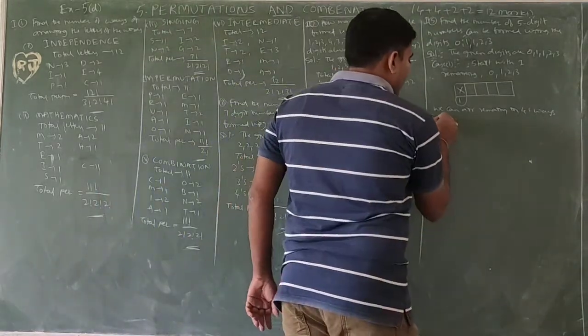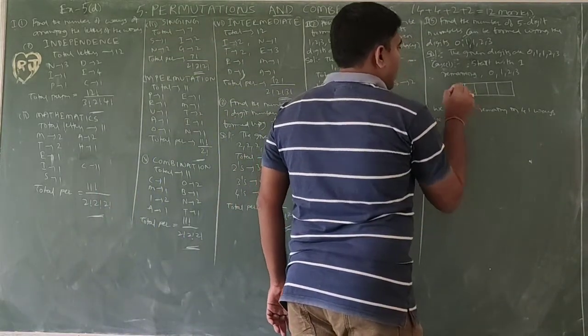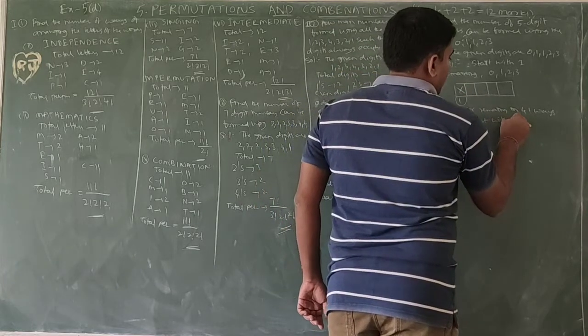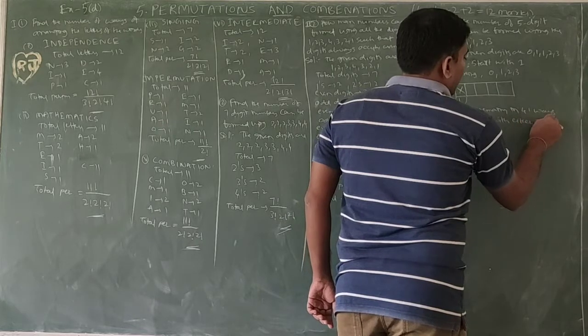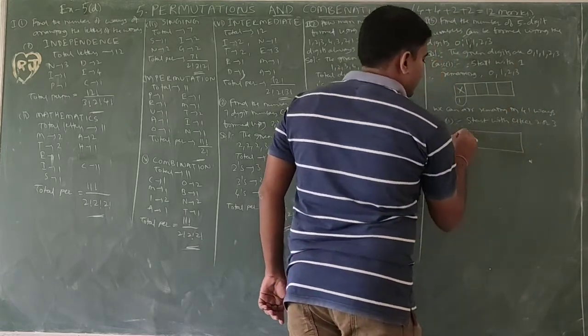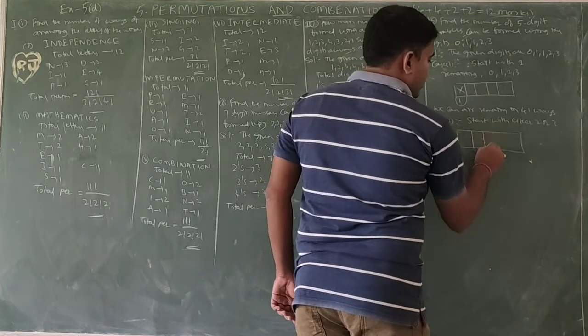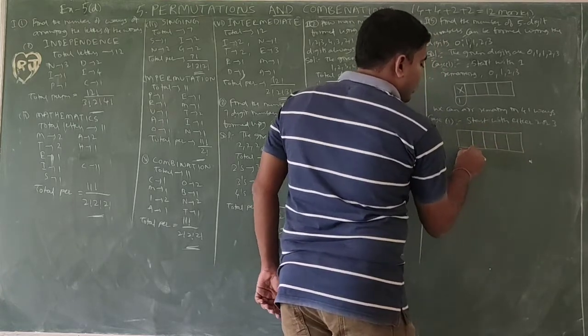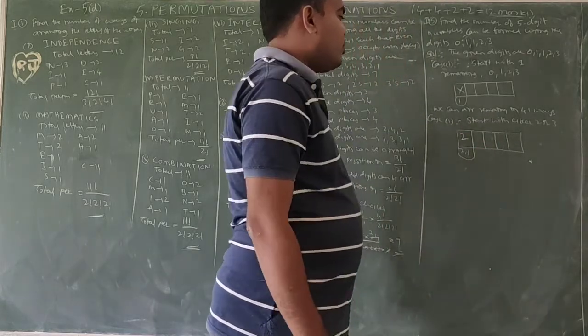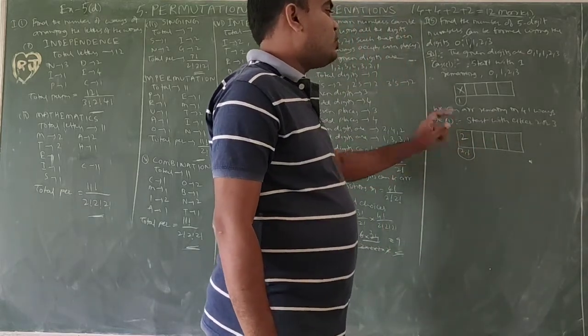Case 2. So start with either 2 or 3. So either we are starting with 2 or 3. How many choices? 2 choices. So it is started with either 2 or 3, 2 choices.